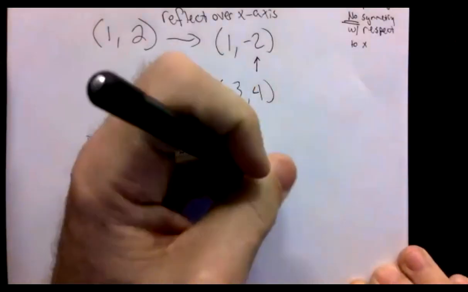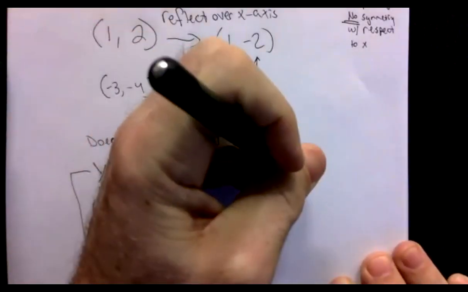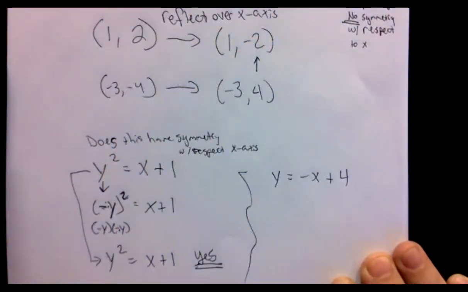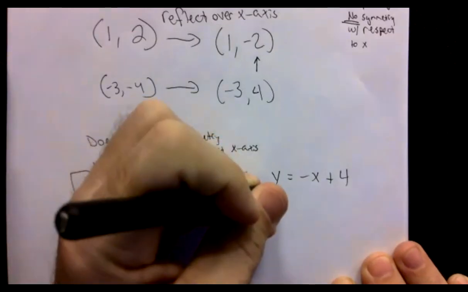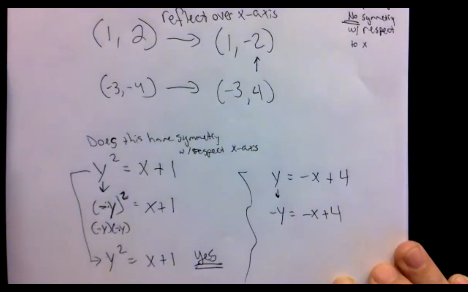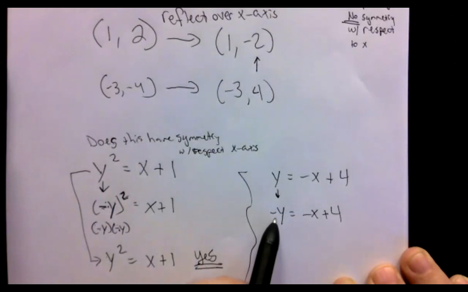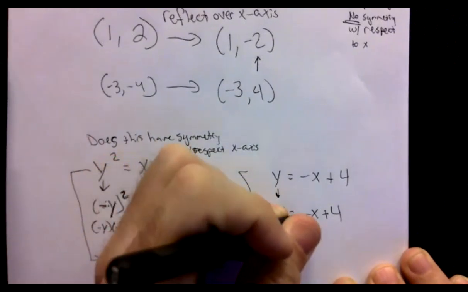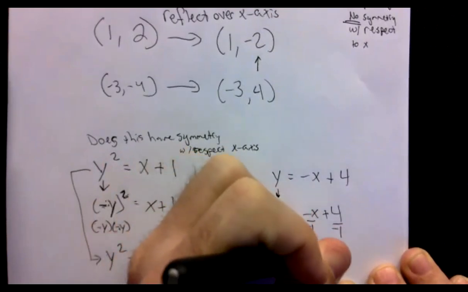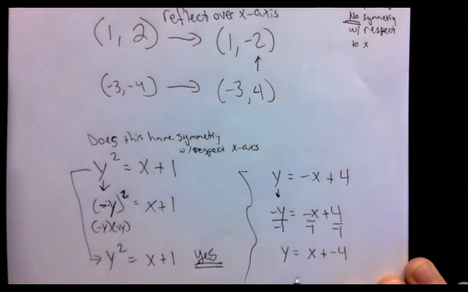So if we had, say, y equals negative x plus 4, if we replace y with negative y, and say I want to get y by itself, so I would have to divide by negative 1. And now I get y equals positive x plus negative 4.